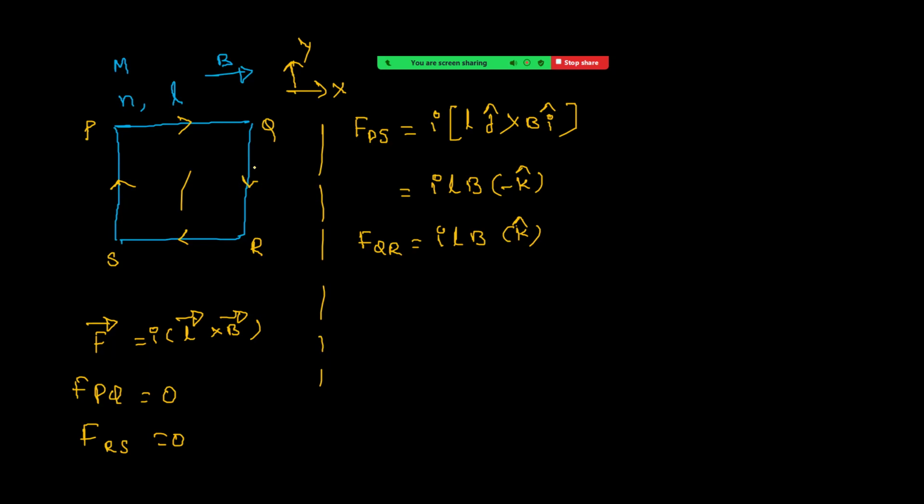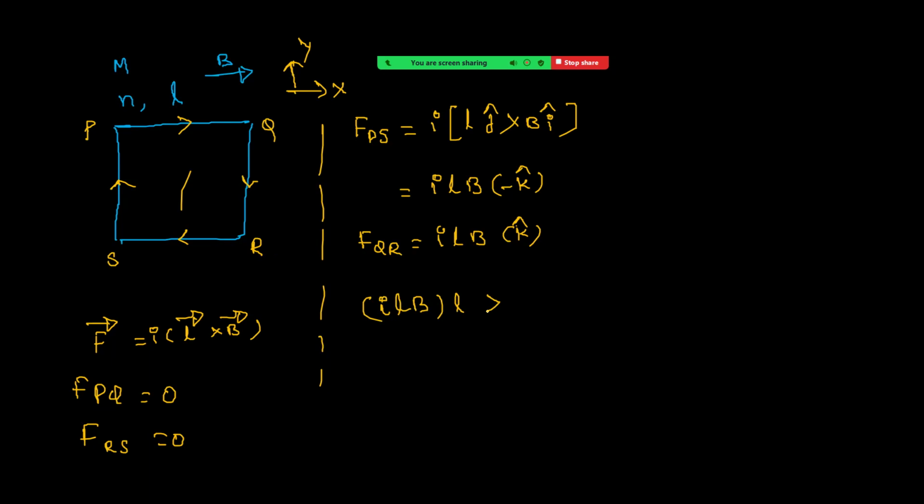Now, the condition is minimum value of B for which the coil will start tipping over. That means the coil will rotate. Then see what happens. Due to this force, torque will be I into L into B into L. This is now torque due to this force. If this torque is greater than torque due to gravitational force.